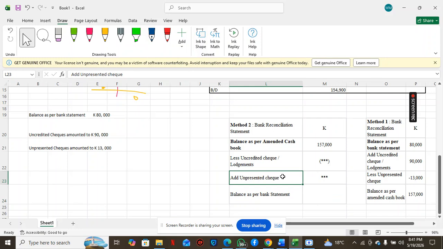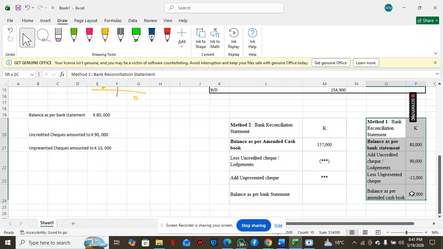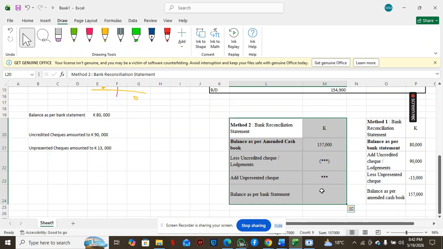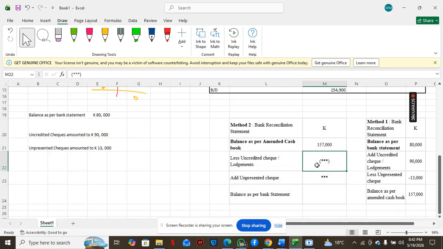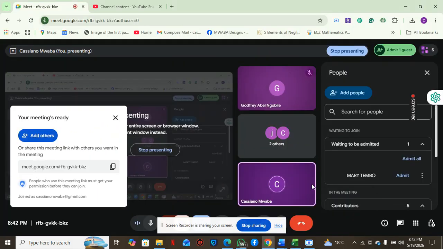That's why I always advise understand the first method before you understand this second method. In the second method, we're working in reverse, so the uncredited checks you subtract and the unpresented checks you add, because you are working backwards.